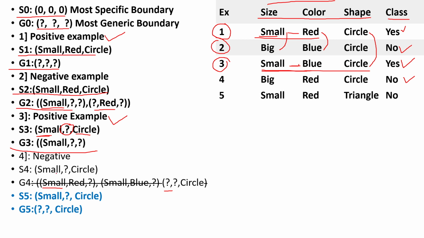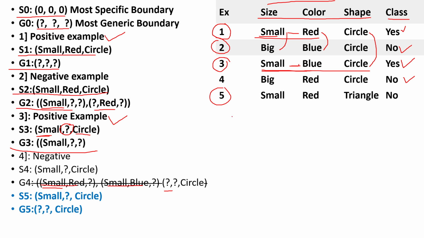See here. In this case, small red is not there, so you have to remove it. Small blue is also not there, you have to remove it. So these are the two inconsistent values that have to be removed. Then the fifth example is again a negative example.